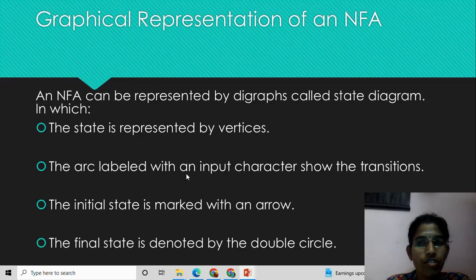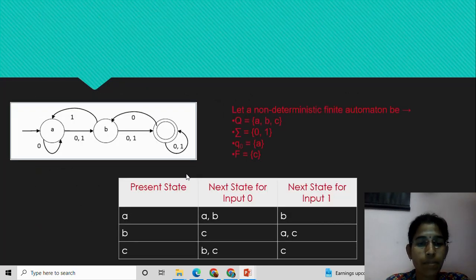Okay, so the edges connecting vertices are always labeled with some input. The initial state is marked with an arrow. Let's see the example. The initial state is marked with an arrow and the final state is denoted by a double circle, as shown in the example.